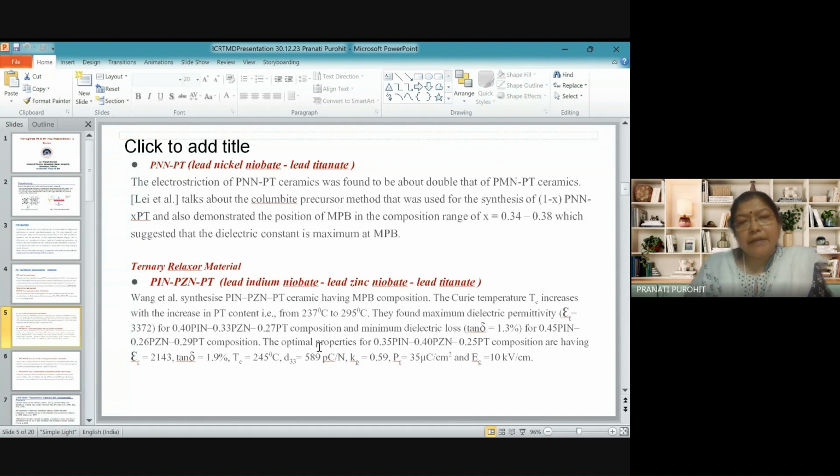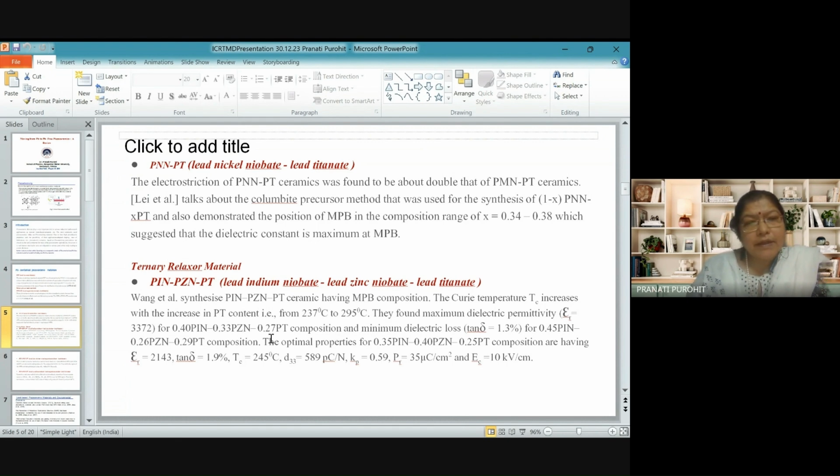When we combine these three materials, it was found that the composition 0.40 PIN, 0.33 PZN and 0.27 PT shows maximum dielectric loss, and also a high D33 value, the piezoelectric coefficient, of 589 picocoulomb per Newton.